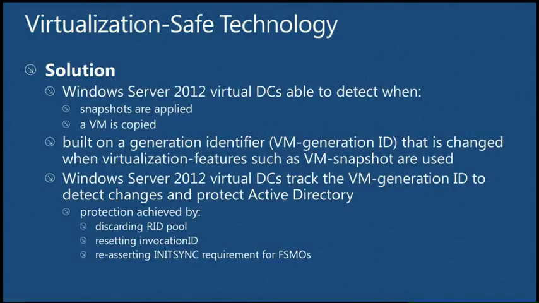All we did was we took that capability that the hypervisor platform provided and integrated it within the directory so that we could know if there are any differences and reset ourselves when we find an event. Now, to be clear, this does not mean that snapshots are a valid backup restore strategy, all right?